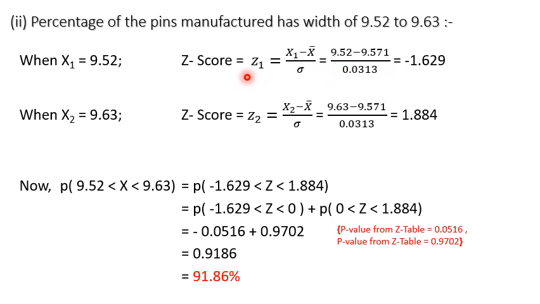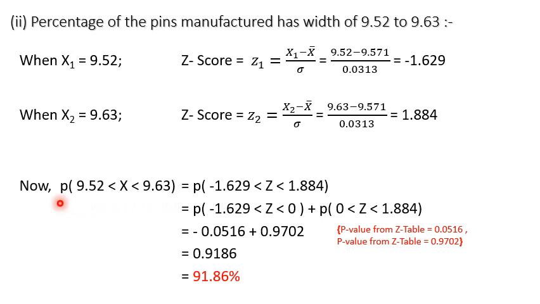So we get z1 is equal to minus 1.629. Next we are going to calculate the z score at 9.63, and we get this value 1.884.